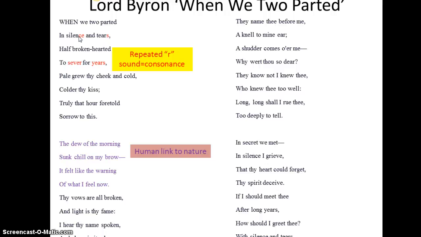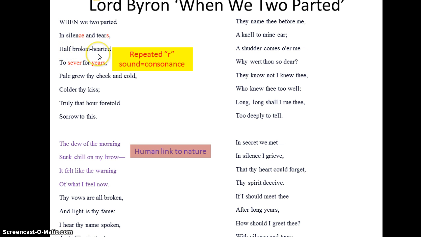Number one, having silence and tears have similar sounds emphasizes both those ideas, that they parted in silence and sorrow, this tears. It also adds this sound, which we have in things like snakes and almost this hissing. It can be a negative connotation. So we can say that immediately a mood and tone is created of sadness and sorrow.